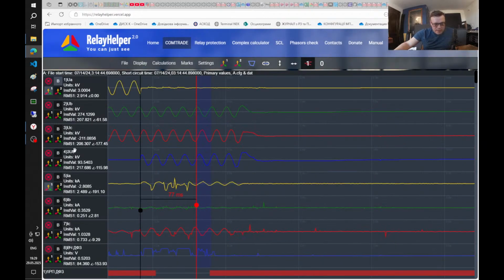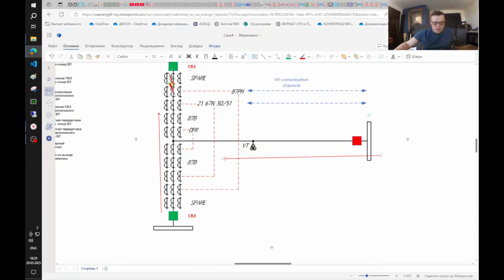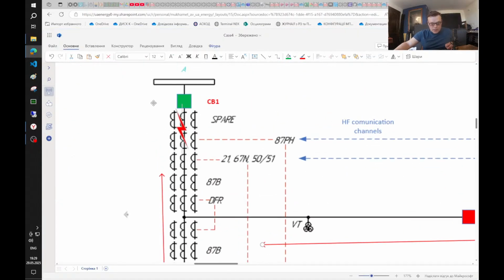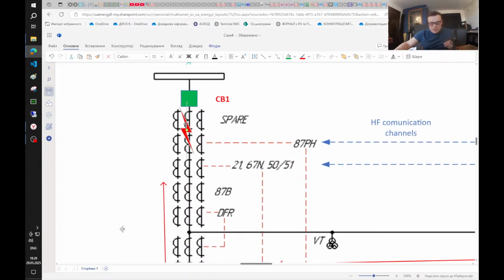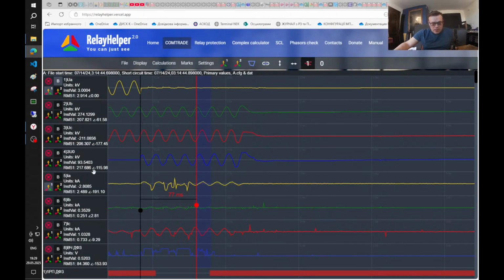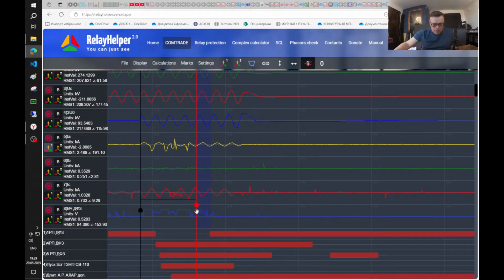Why did this happen with phase differential protection? Because I can say exactly on which core the short circuit was, but in the beginning we see the normal phase differential protection signal without pauses. What was interesting in that case is that the short circuit was on the phase used for the high frequency filter.